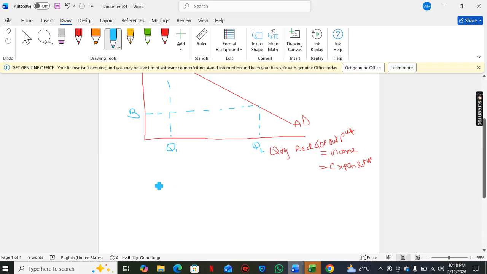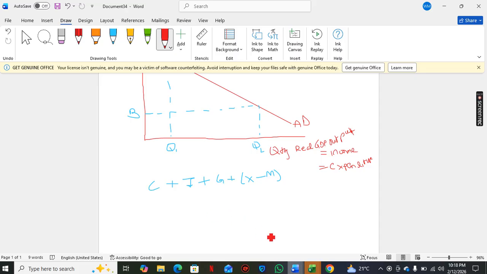Just remember C plus I plus G plus X minus M. C, remember this is consumption by the households, which is the citizens of the nation.